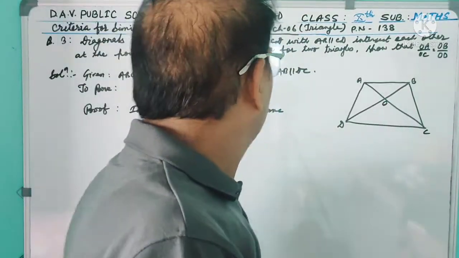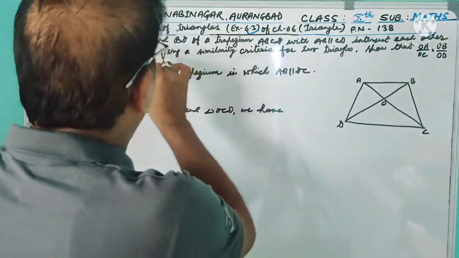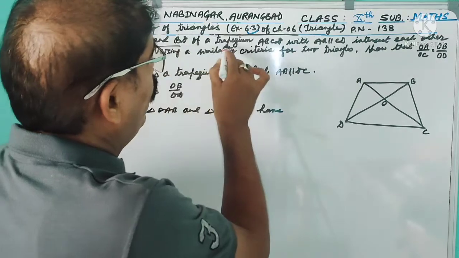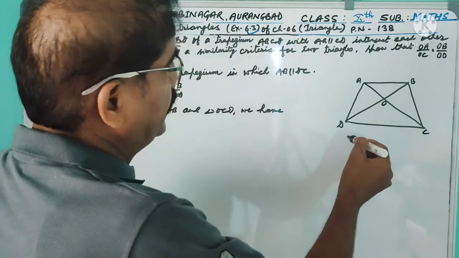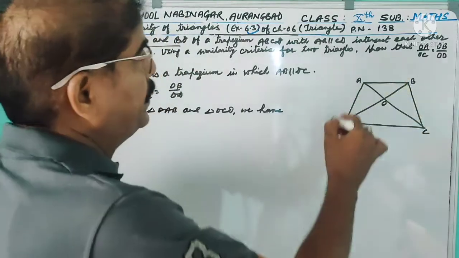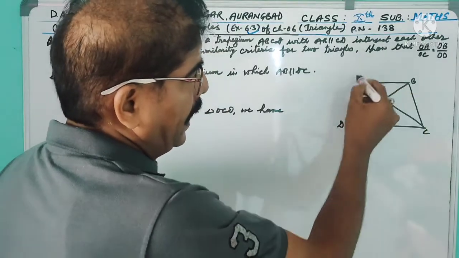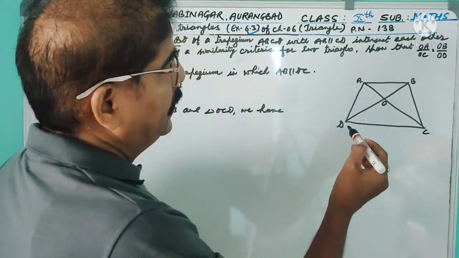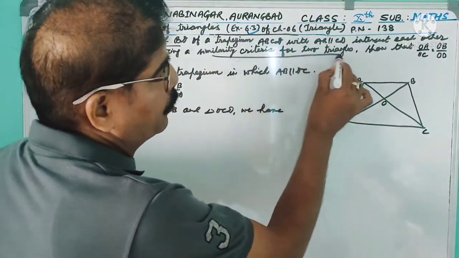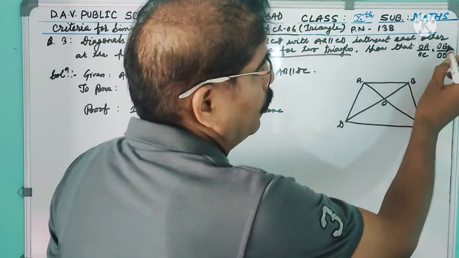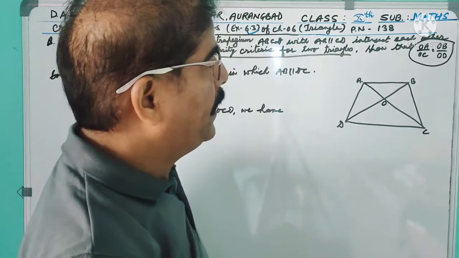Dear friends, next question, that is the third. Diagonals AC and BD of trapezium ABCD with AB parallel to DC intersect at point O. Using the similarity criteria for two triangles, show that OA by OC equal to OB by OD.